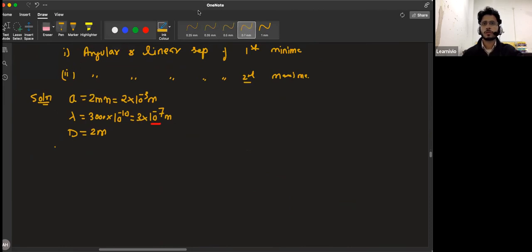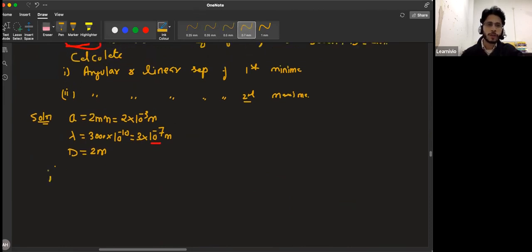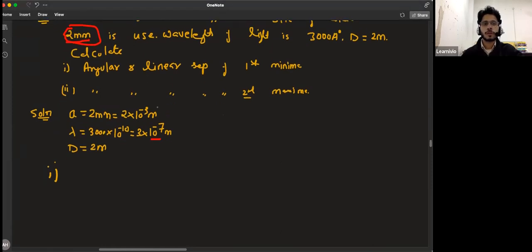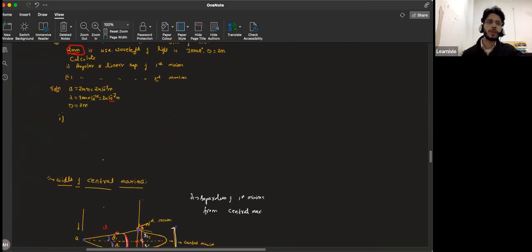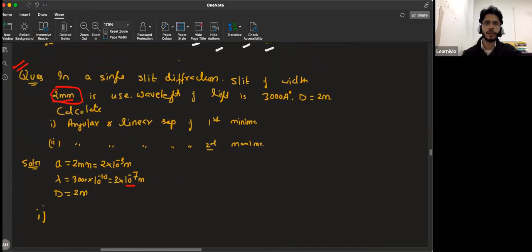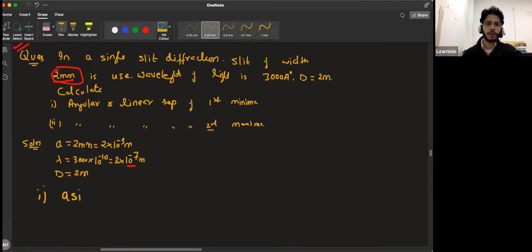See. Yes, it's correct. See, the first part of the question is asking you to calculate the angular and linear separation of first minima. So use the proper equation for minima, na? For minima, the equation is a sin theta n is equal to n lambda.